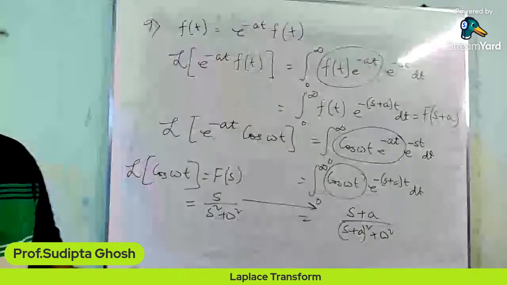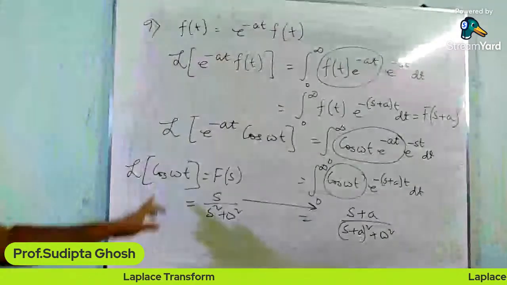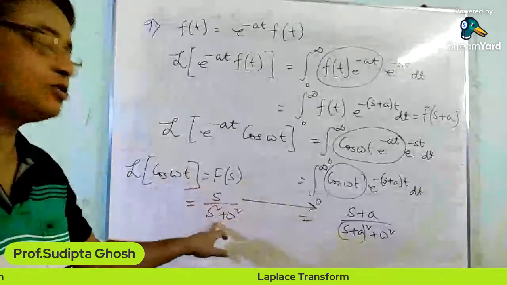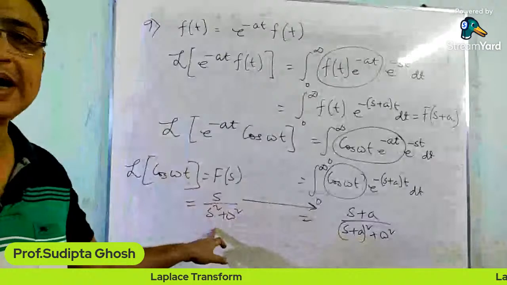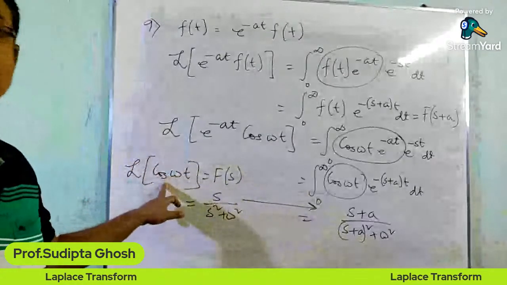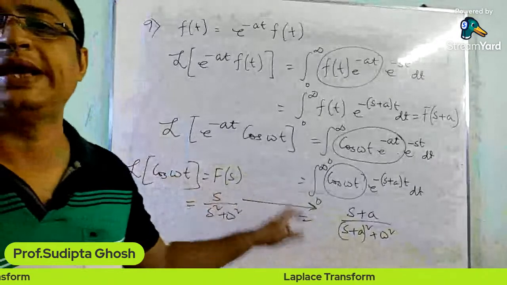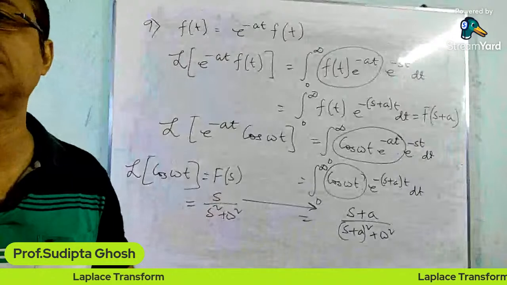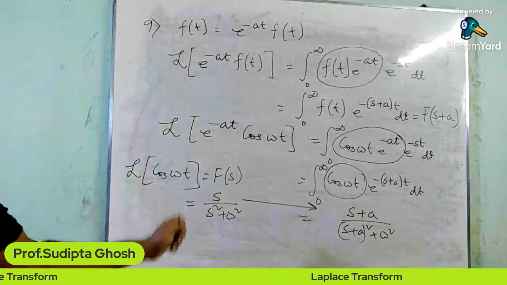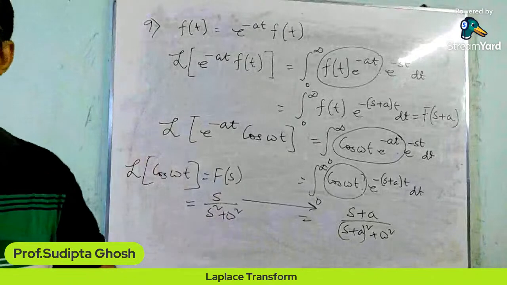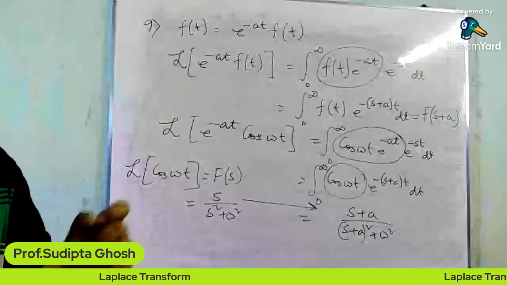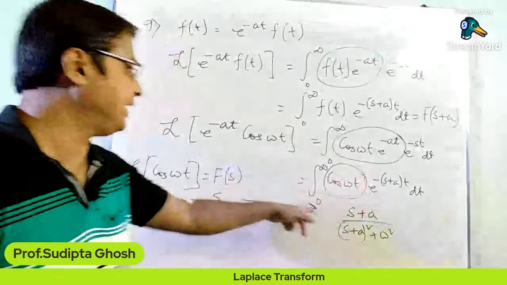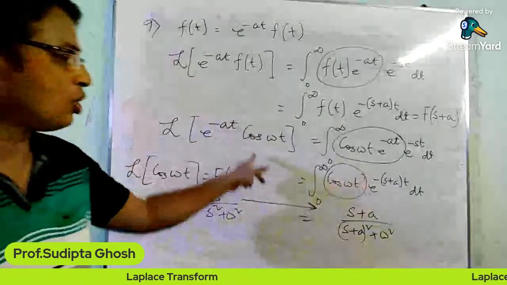So we have to substitute, as the Laplace transform of cos omega t equals s by s square plus omega square. We have to substitute s by s plus a to get the Laplace transform of f of s plus a, or e to the power minus at cos omega t.